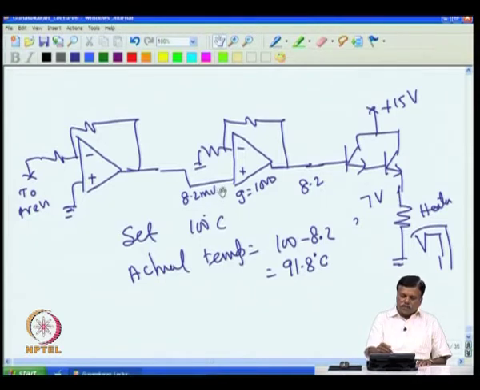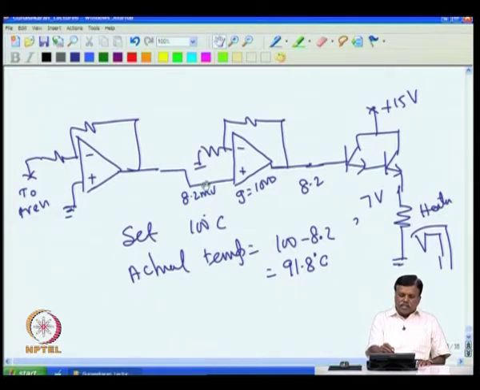Even though I had set 100 degree C, the system will not go to 100 degree C, it will stay away from 100, because if the error is 0, that is if the set temperature is equal to the actual temperature, then this becomes 0, and this becomes 0, no heating will take place, and without heating it can't keep the system at high temperature. So you always need some heating voltage, that means always some error is required.